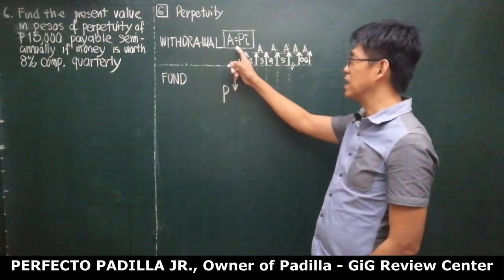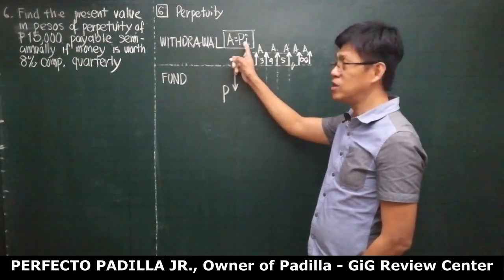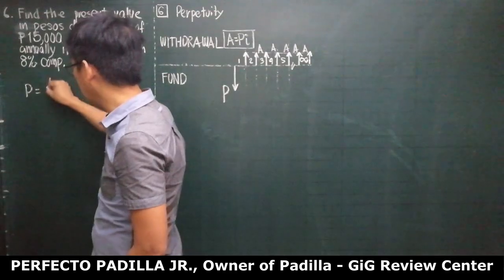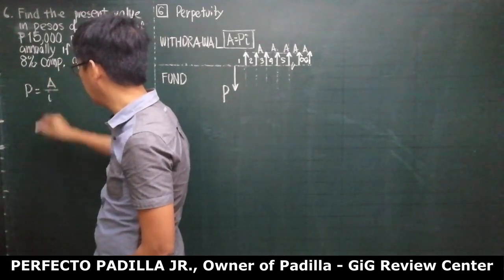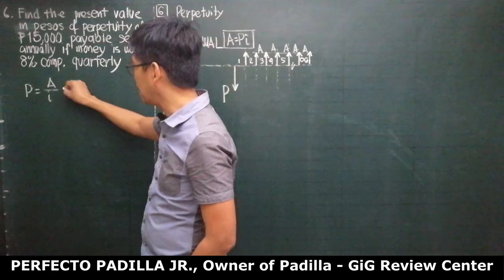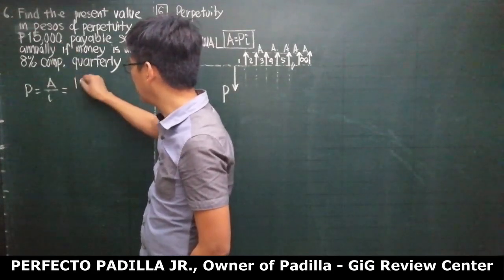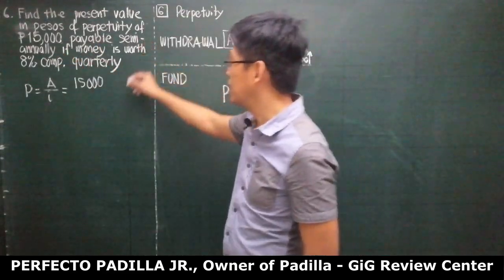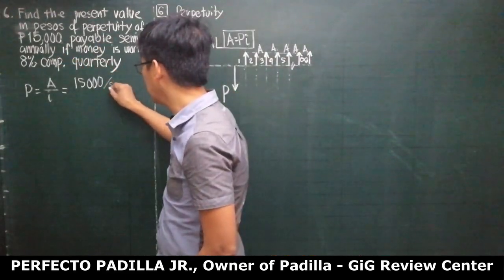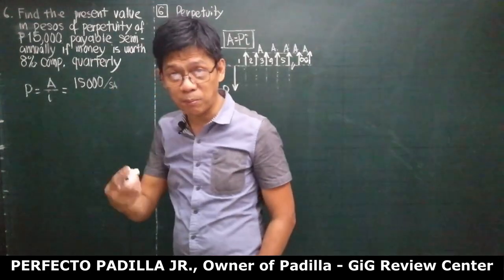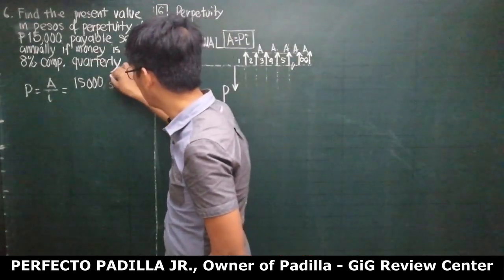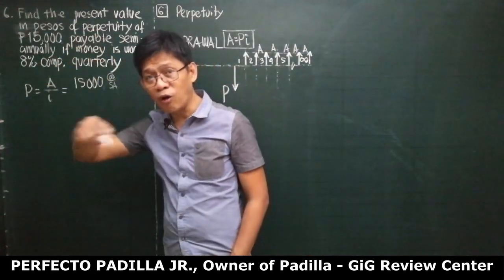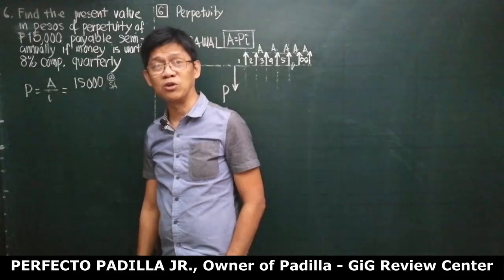Our formula is for P, so P is going to be equal to A over i. Our A we already know, it's 15,000 payable semi-annually, so this is per semi-annual, because a perpetuity goes on over an infinite period of time.